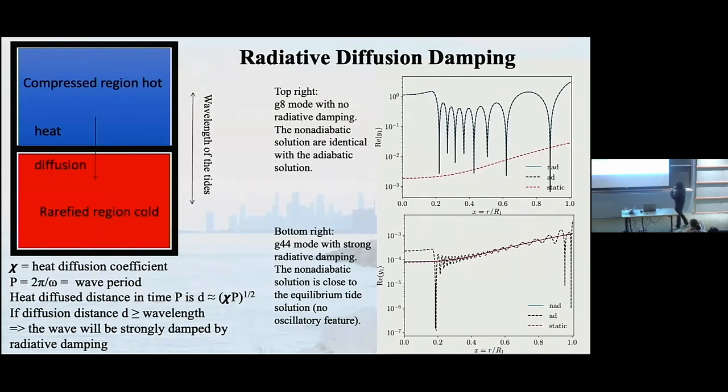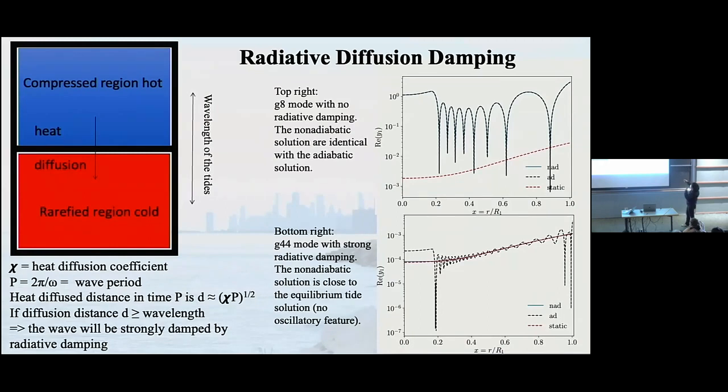On this plot, I just want to show you how radiative diffusion plays a role in damping the wave-like response. The top one is an example of a weakly damped wave. We can see the adiabatic solution is equivalent to the non-adiabatic solution.